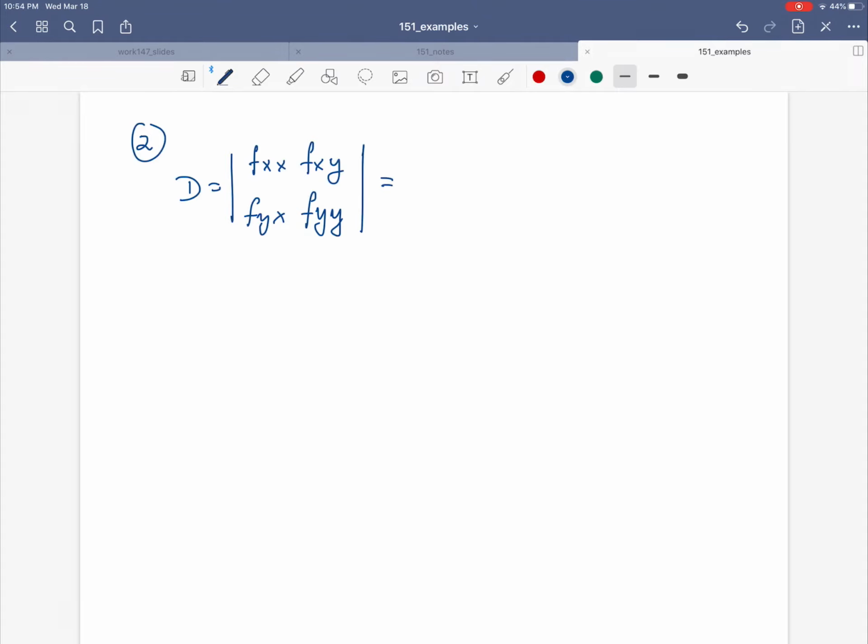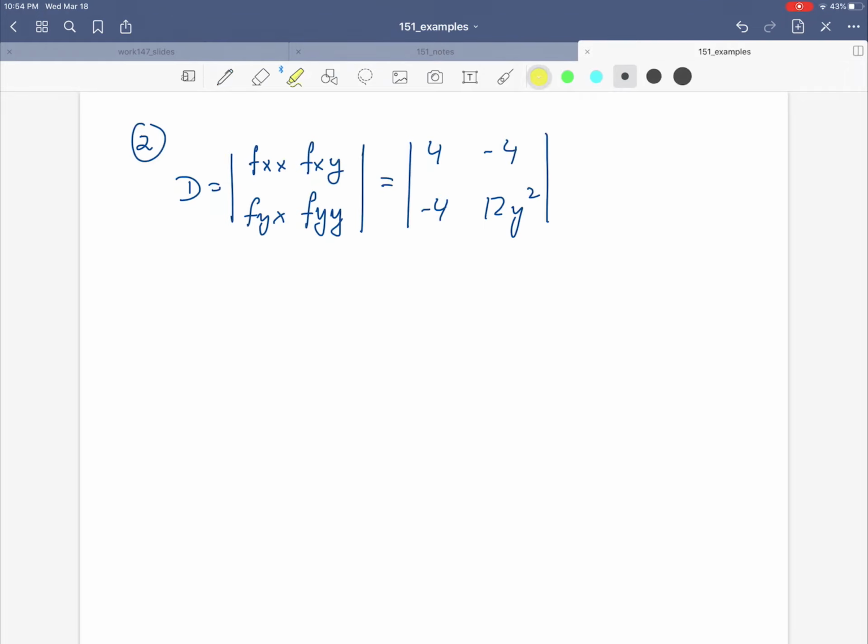We compute the partial derivatives. fxx is 4, fxy is minus 4, fyx is minus 4, and fyy is 12y squared. That's done based on the first order partial derivatives.